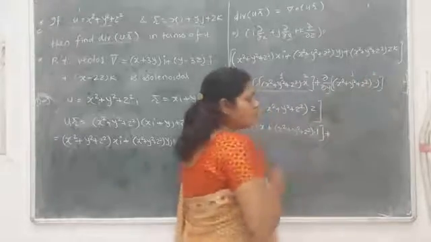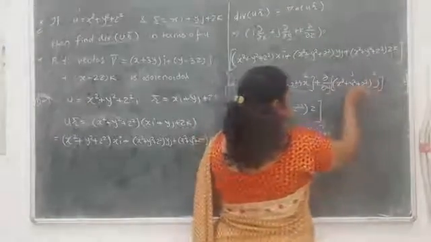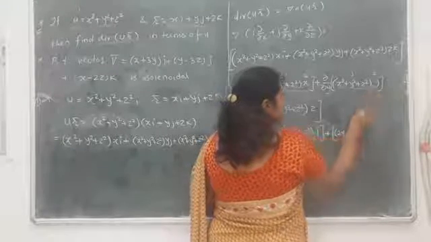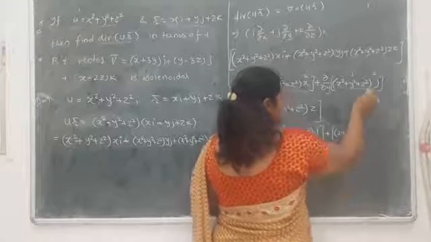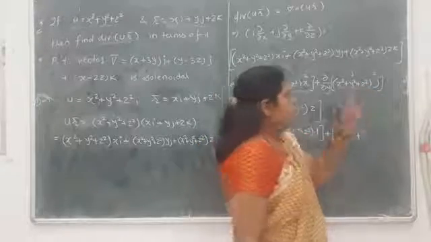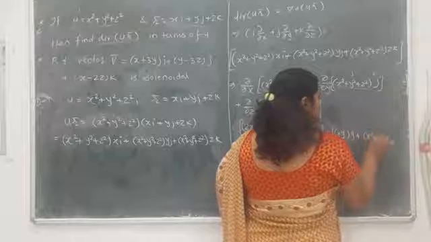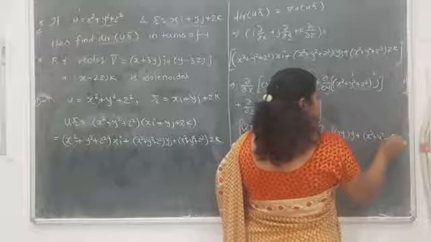With respect to y, the derivative will be 2y into y plus, the second time, the derivative of y with respect to y is 1, but that is a whole term in the product, so it can be written as x square plus y square plus z square.